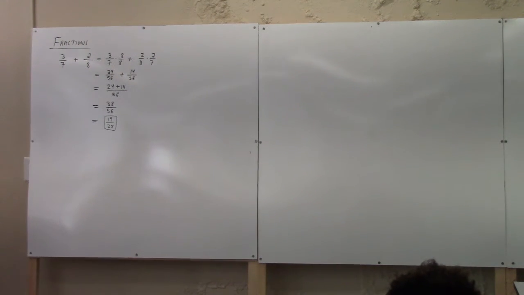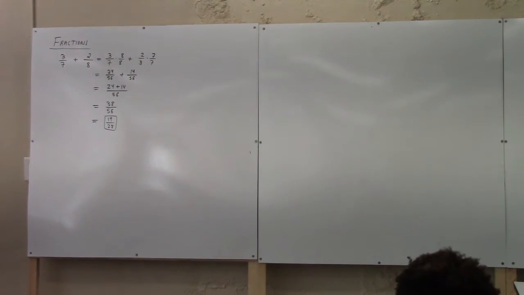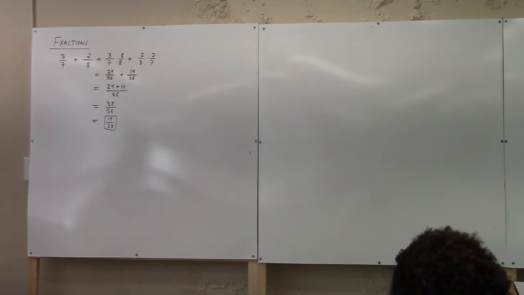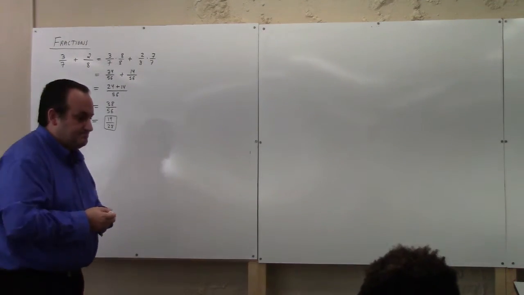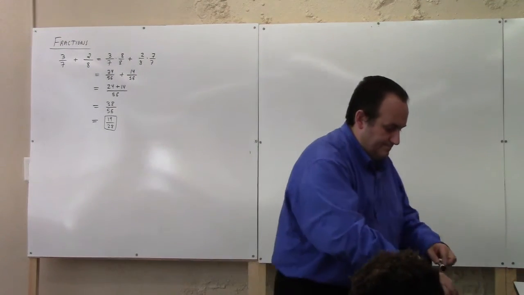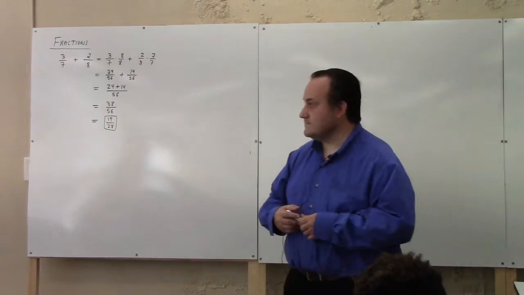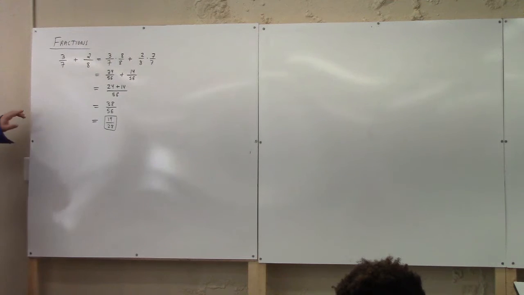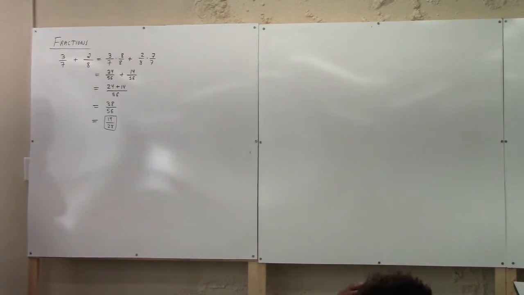Now, was this the best way to do this calculation? What could I have done differently that would have made this easier? What didn't I do at the beginning that I could have done? Are both of these fractions in quote-unquote lowest terms? What does it mean to put fractions in their lowest terms?